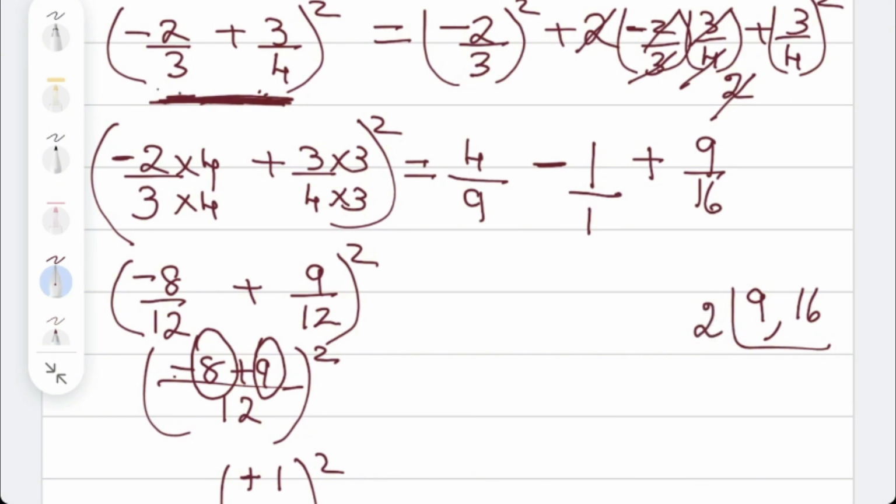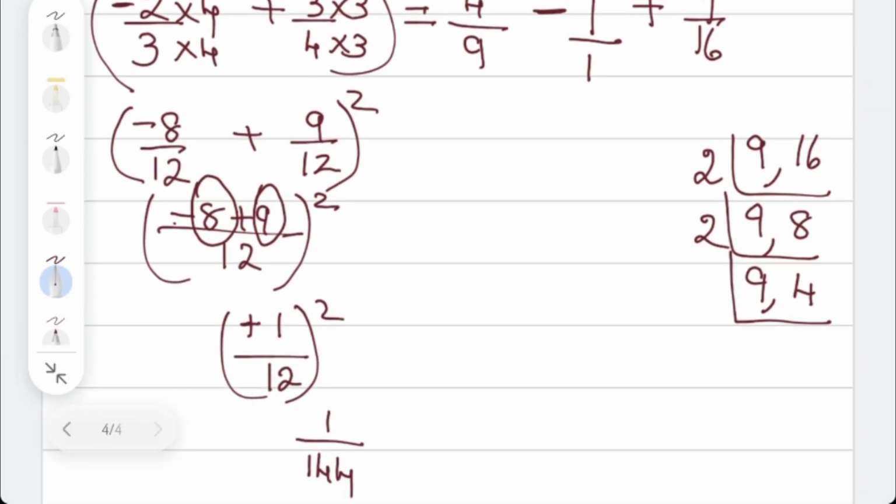Let us take the smallest factor possible, which is 2. 9 is not divisible by 2, so we write 9 as it is. 16 divided by 2 is 8. Next again we take 2. Again 9 is not divisible, and we take this 8 and divide by 2, we get 4. Then we divide by 2 again, writing 9 as it is.